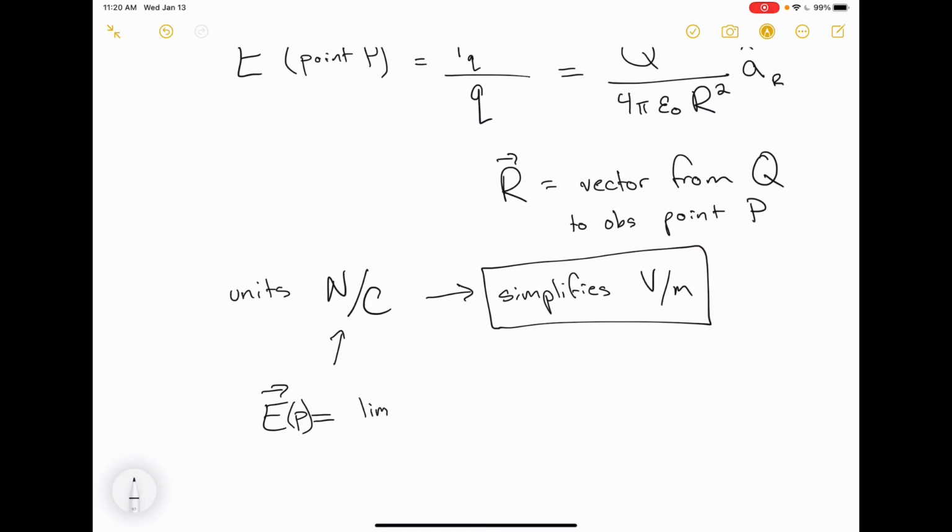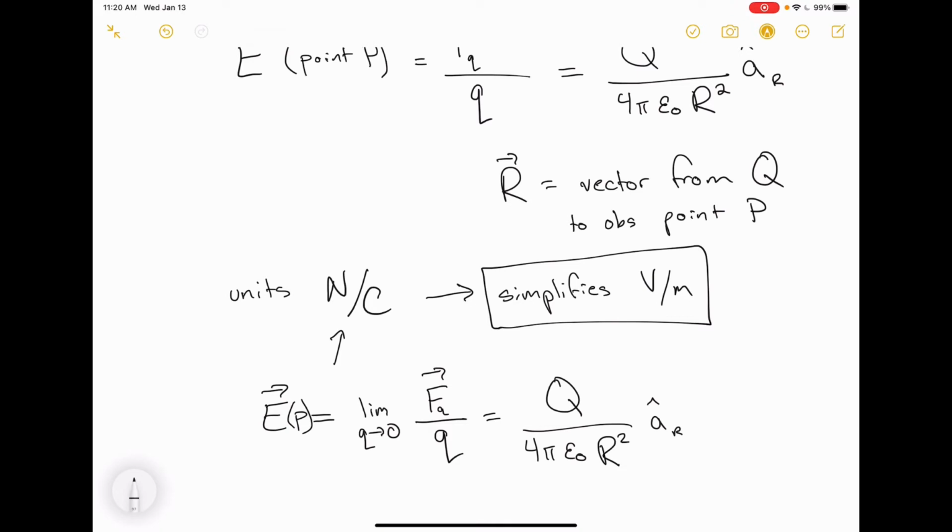It's the limit as the value of q goes to 0 of that force on q divided by the value of q. The result is the same. You still get Q over 4 pi epsilon naught r squared a hat r.